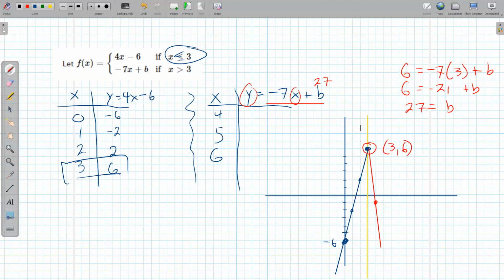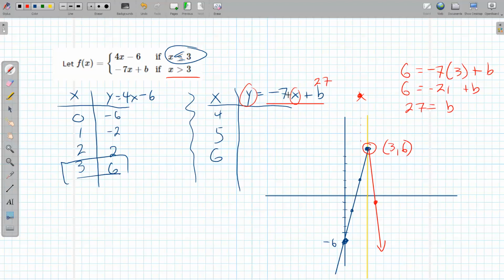So the next point, if it existed, but it doesn't, because I can only use x values greater than or equal to 3, would be up here. Scratch that. We want x to be greater than 3, so we're going this way. Anyway, so this is a graph of the function right here. It's this V-shaped thing.